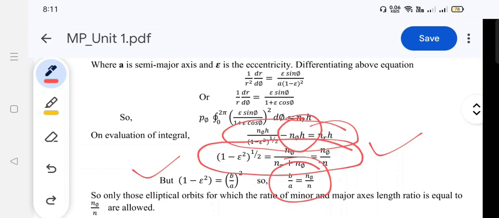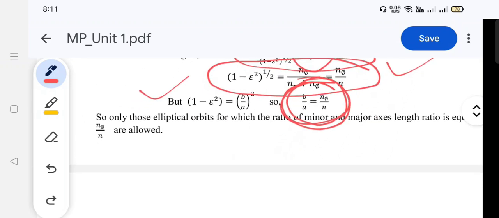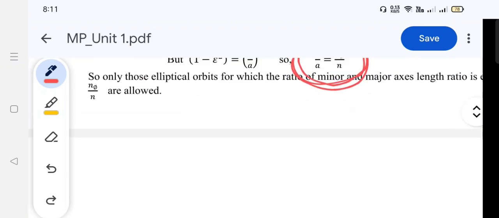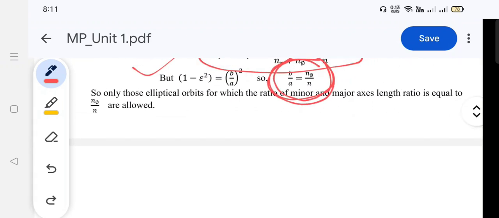This is the condition for Sommerfeld elliptical orbits. From this condition, we can say that only those elliptical orbits are allowed for which the ratio b by a is equal to n phi by n.